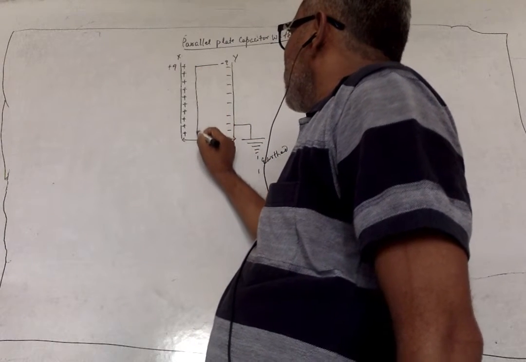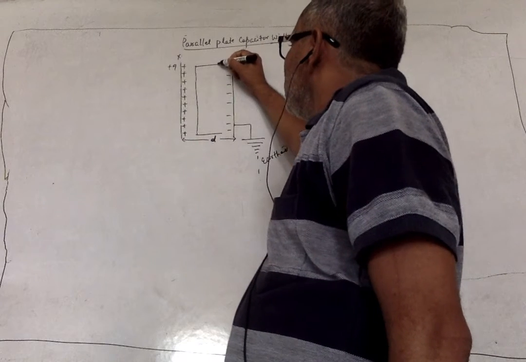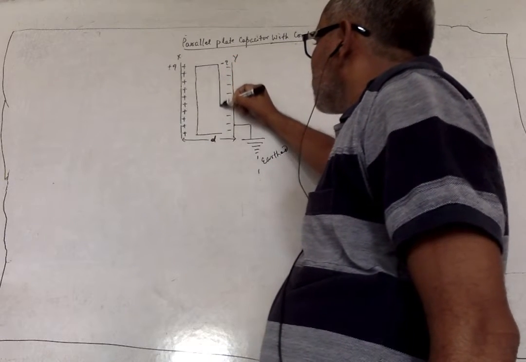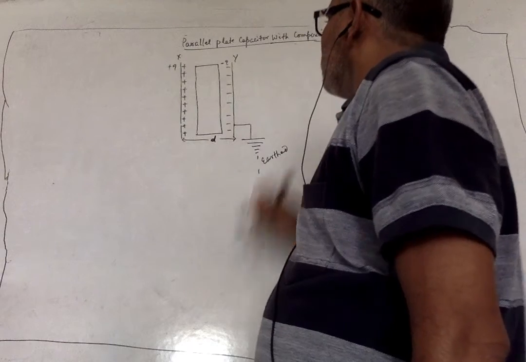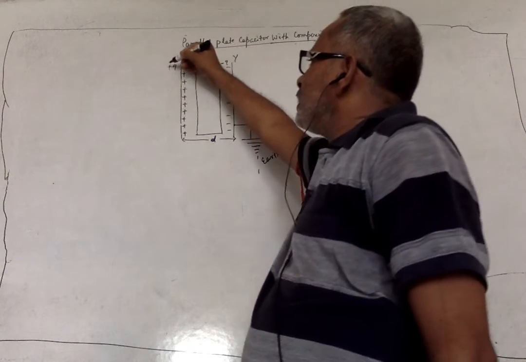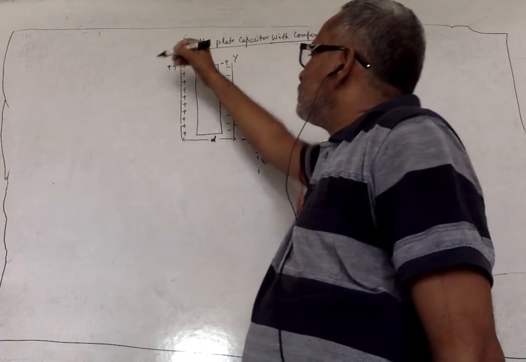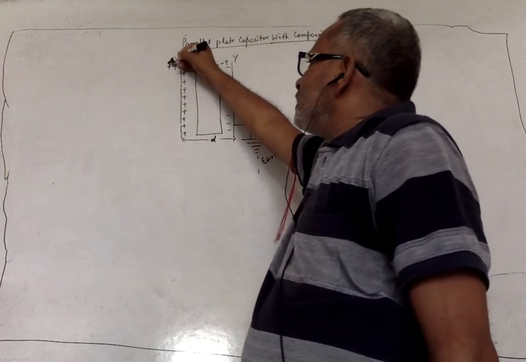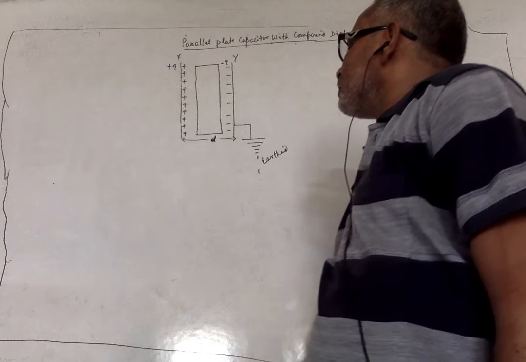Let XY be a parallel plate capacitor in which X is the collecting plate and Y is the condensing plate, separated by the distance d.